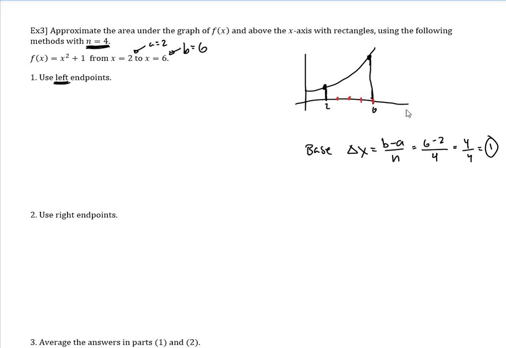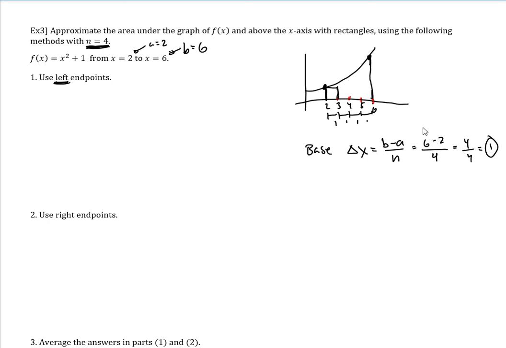And then now I'm just going to draw the horizontal part of the rectangle until I get to about where the red dot would be, where I can make the vertical. Just like that. And then now with my second dot there, let me go ahead and label this: 3, 4, 5, and 6. And we know each of these has a length of 1. So those are the base of each rectangle, 1, 1, 1, 1.